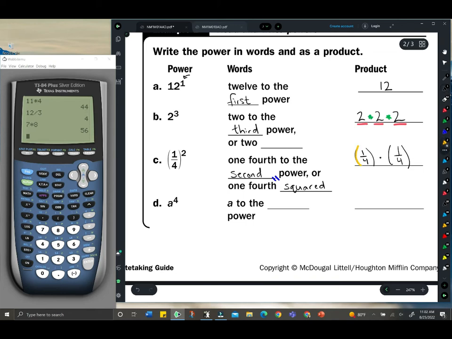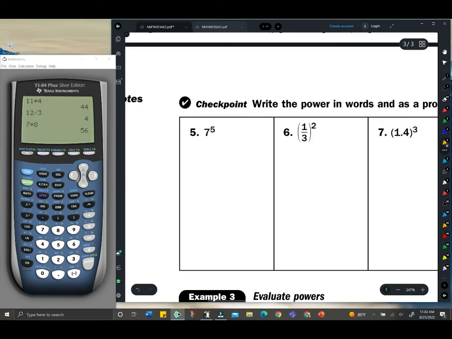Parentheses are important. You need those parentheses there. a to the 4th just means a times a times a times a, 4 times. 1, 2, 3, 4.